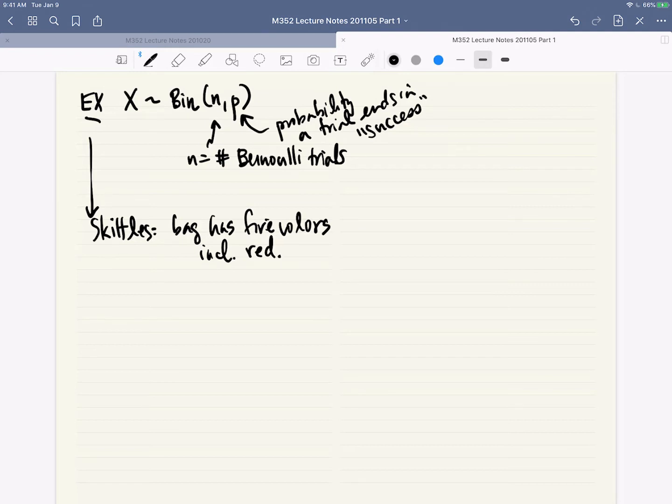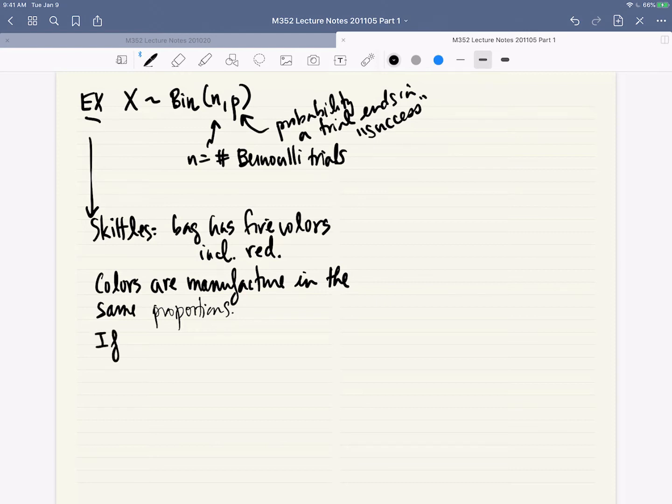One of the things the manufacturer says, and I think the manufacturer is Wrigley, is that colors are manufactured in the same proportions. So if there's 5 colors, each bag should have 20% of each color.